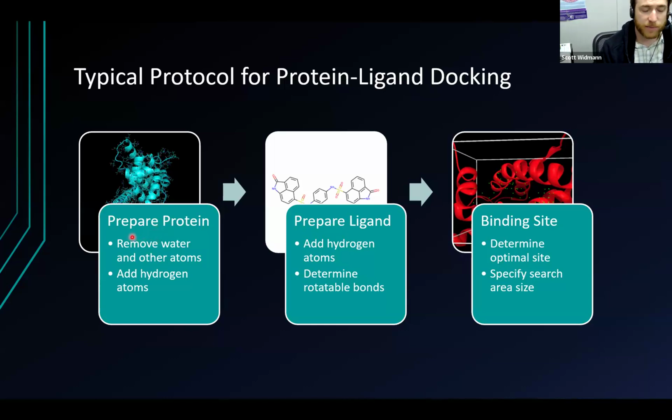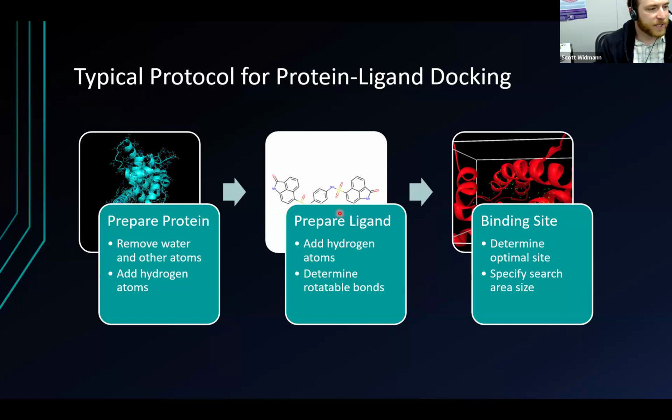But sometimes we want to keep some, so maybe there's a cofactor like zinc or a coenzyme involved, and that being present will actually help a more realistic docking situation. We also need to add hydrogen atoms because these are not resolved in the structures from X-ray or cryo-EM. They're just too small of atoms.